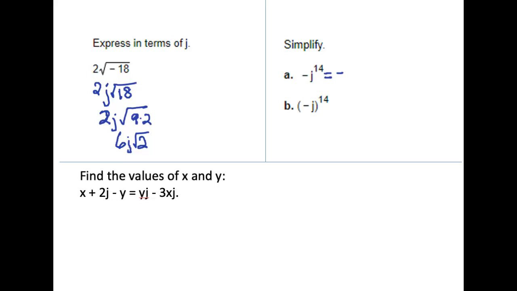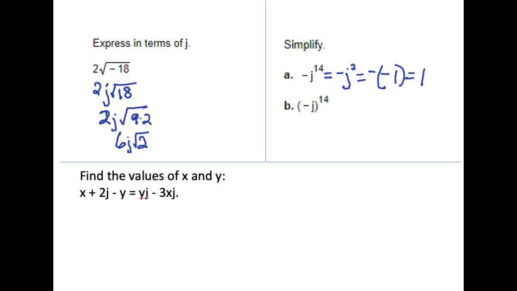So this is the same thing as saying negative j squared. And I know that j squared is equal to negative 1. So this is the same thing as negative of negative 1, which is equal to 1.